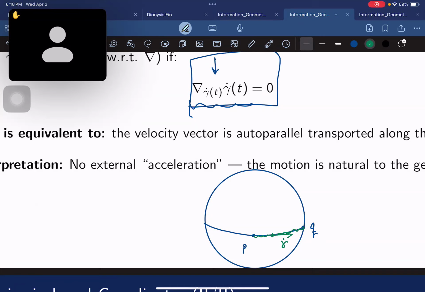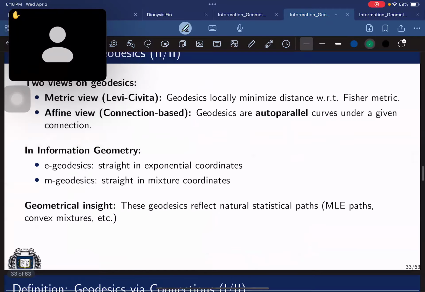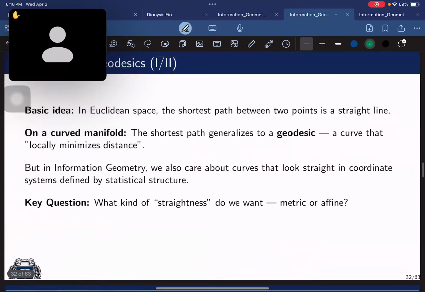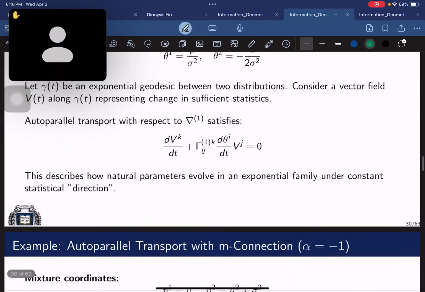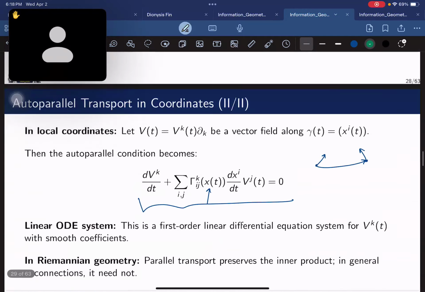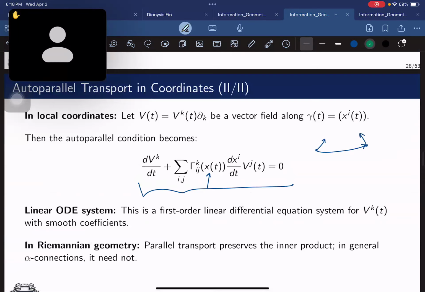Is that correct? So that's the autoparallel part. My question is, I kind of lost the plot on how an affine connection is used to give us that autoparallel condition?